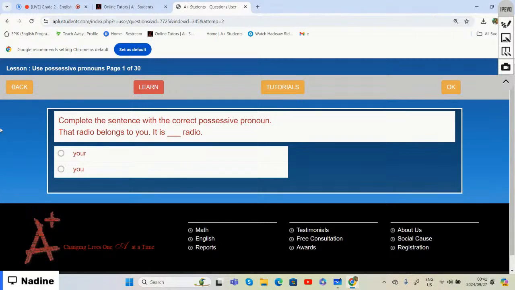All right, so we need to use the possessive pronoun. It says complete the sentence with the correct possessive pronoun. It says the radio belongs to you. Do we say it is your radio or do we say it is you radio? Which one is correct?